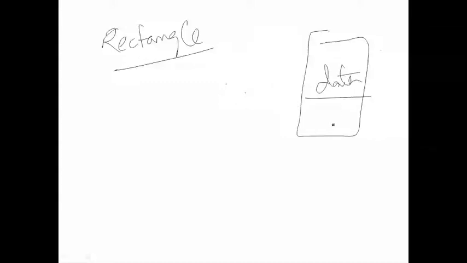So we talked about one thing, that object is having two things. One is data, another is function. So in case of rectangle we have length and breadth.